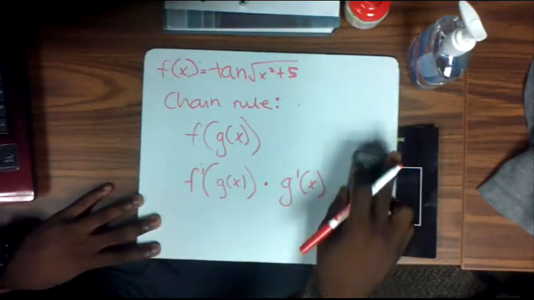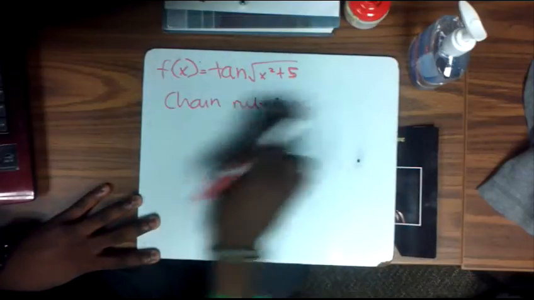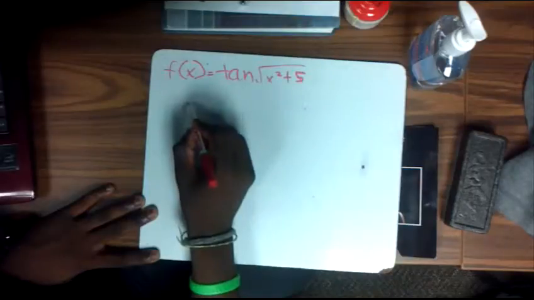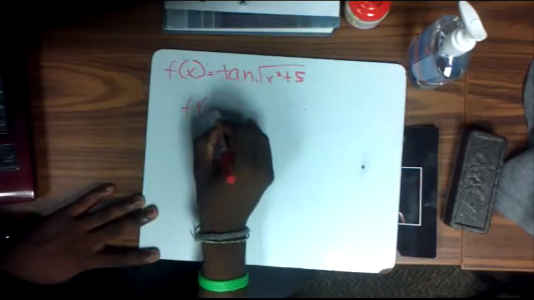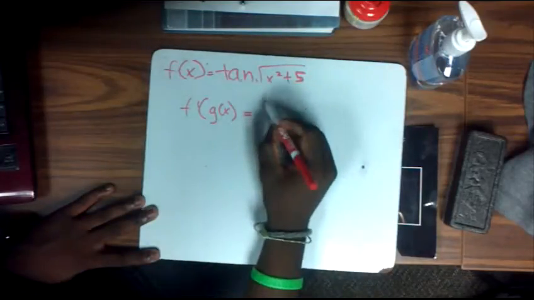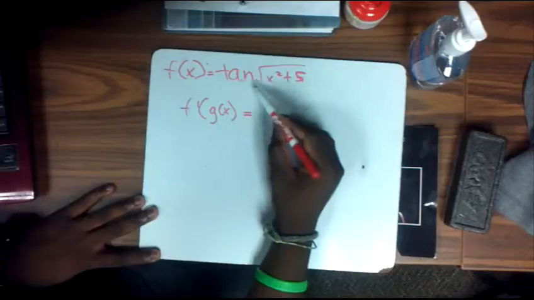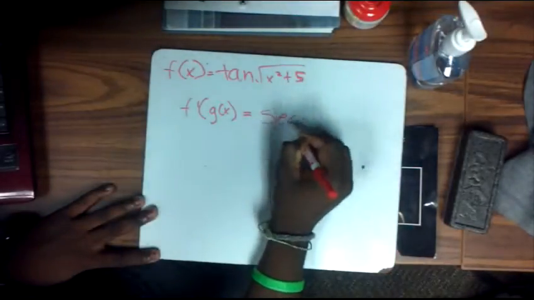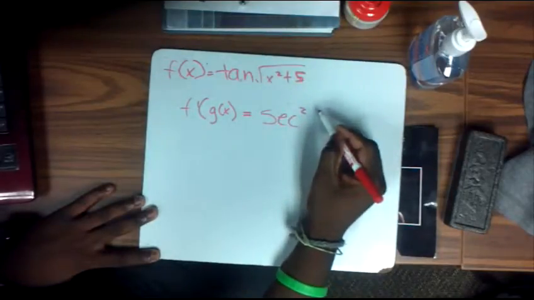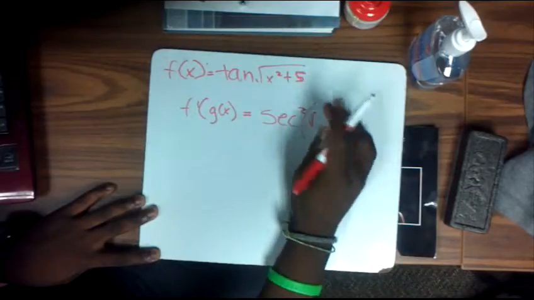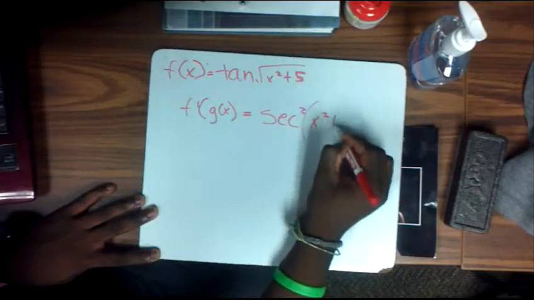So in this case, we're going to have to do f prime of g of x, which would equal the derivative of tangent x, which would be secant squared of x, but in this case, x would be the square root of x squared plus 5.